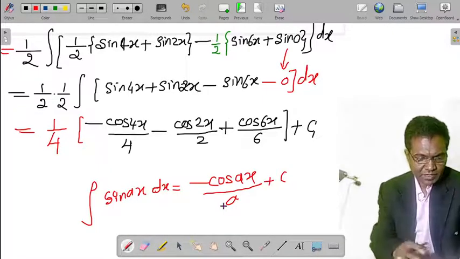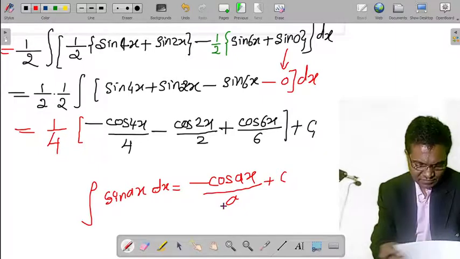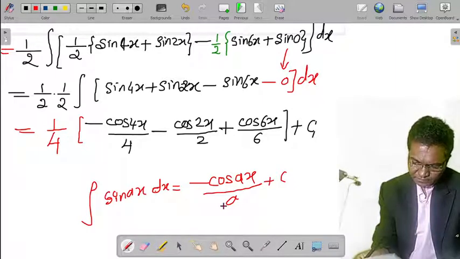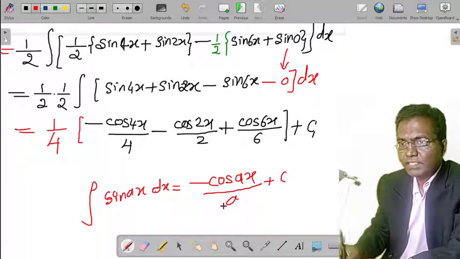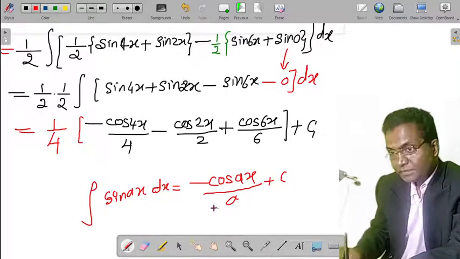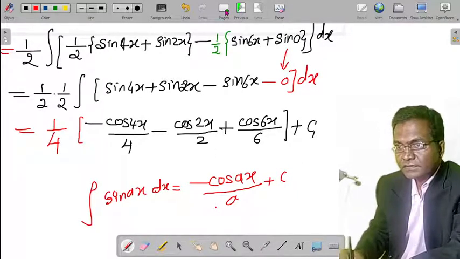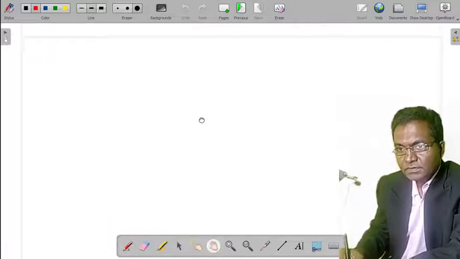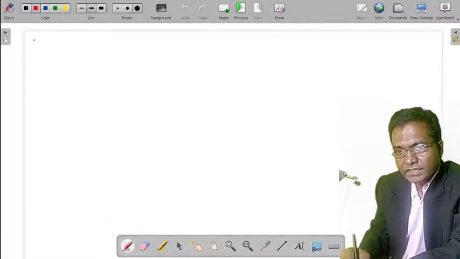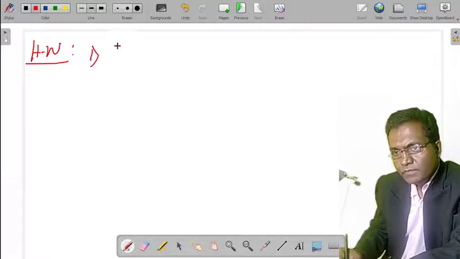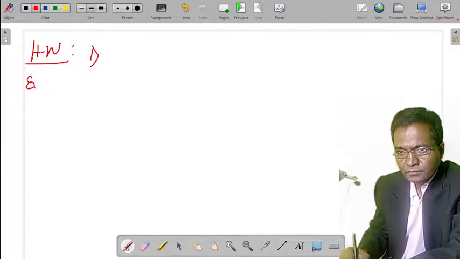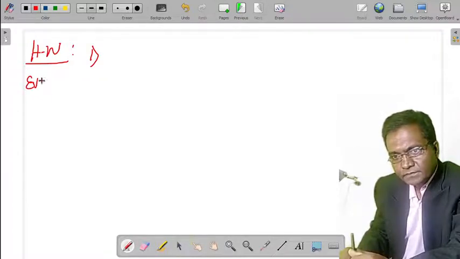I will be giving examples for your exercise. Please try this. Please work these examples so as to become perfect.